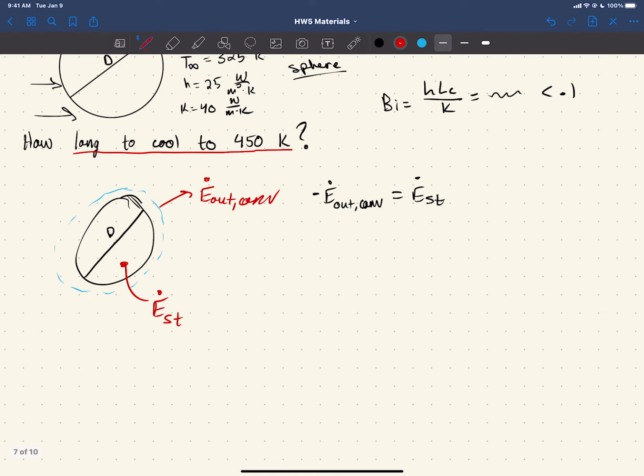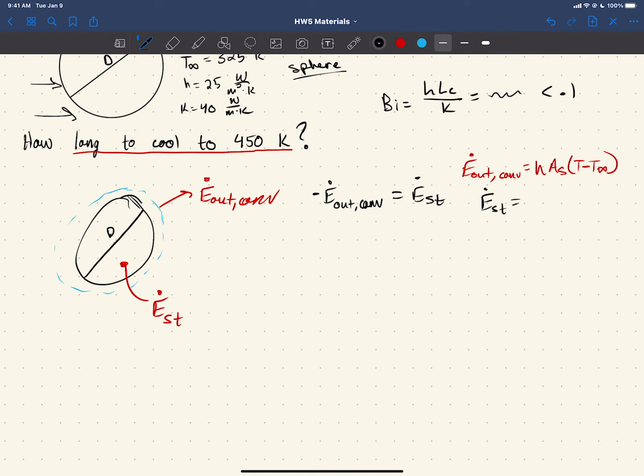All right, and then I'm going to be a little bit quicker here too. E dot out convection is h A sub S times (T minus T infinity). And remember, that T is a function of time, so it's going to be changing.